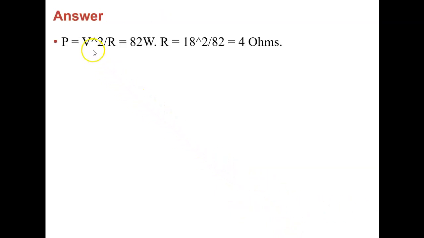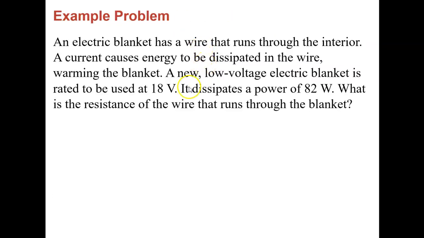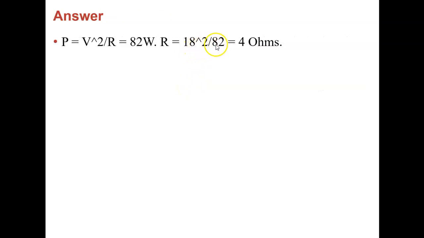So power is going to be V squared divided by R. Power is voltage squared divided by the resistance, which is equal to 82 watts. So resistance is V squared divided by the power, which is 4 ohms.